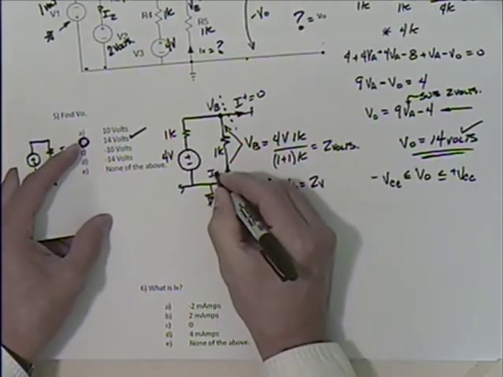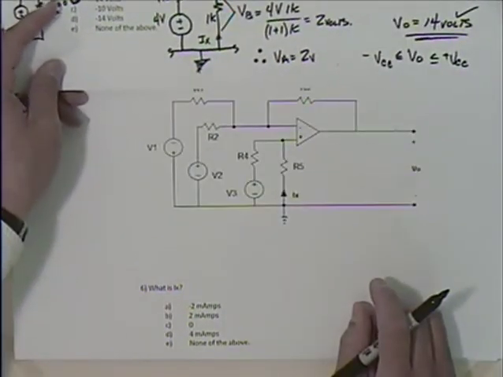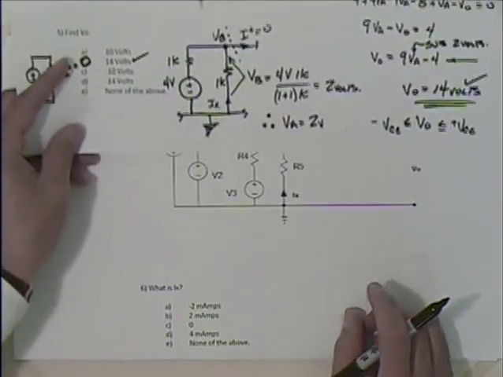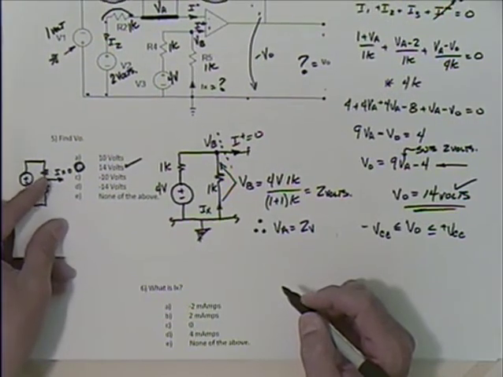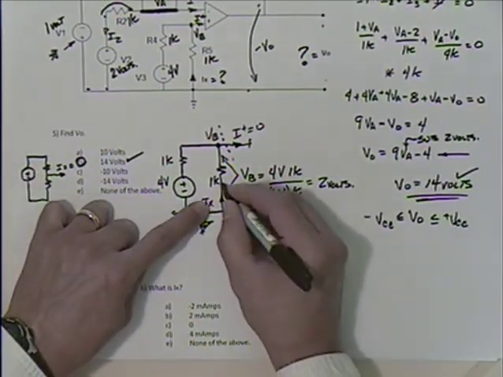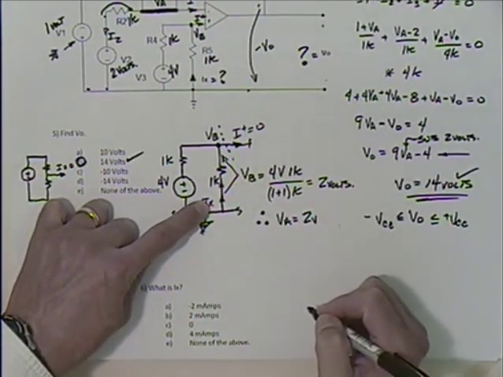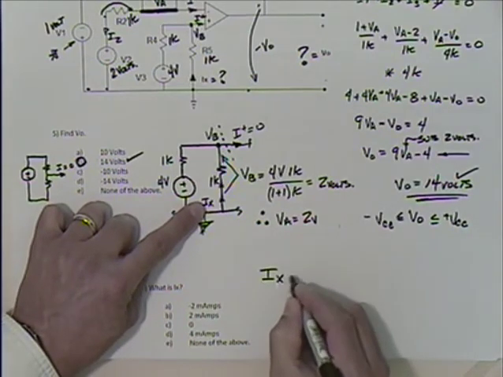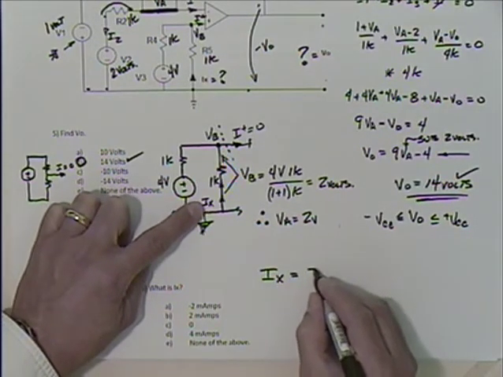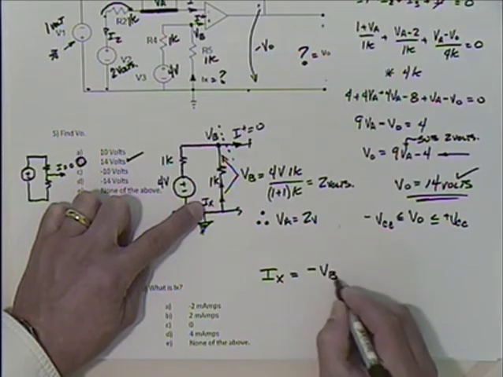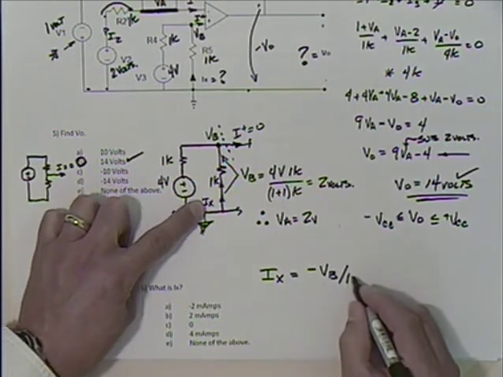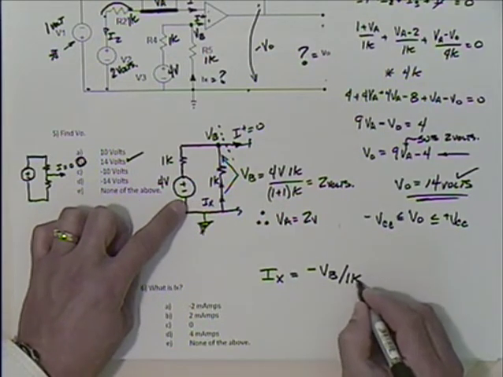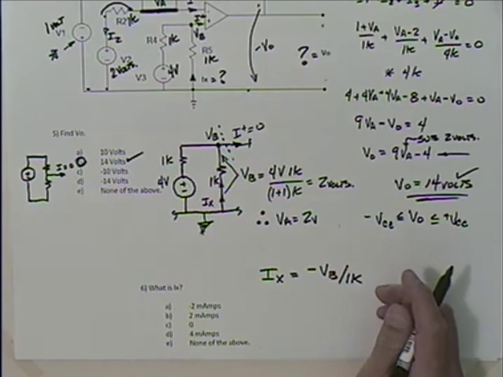Maybe I can just use this diagram here. Well, this current is going like this, isn't it? So I could say that IX is equal to minus VB divided by 1K, right? Minus VB over 1K.